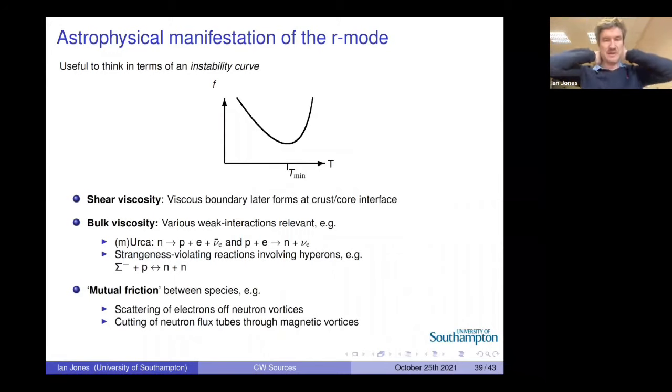So mutual friction is a dissipation mechanism that is specific to superfluids. There's more than one version of it, but in the simplest one, if you've just got a rotating neutron fluid, then, as I said, it rotates by forming an array of vortices.